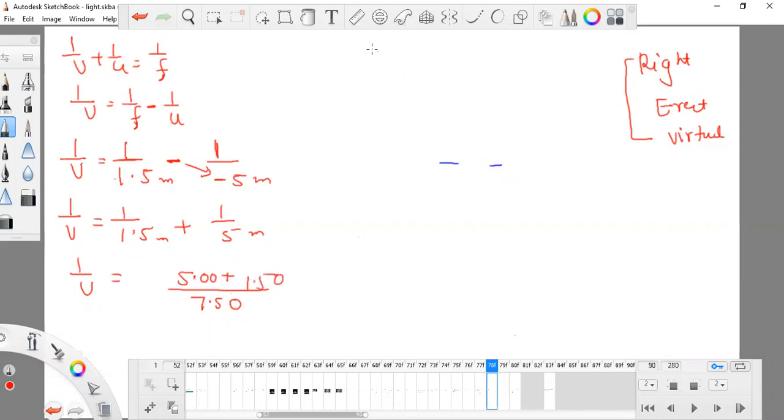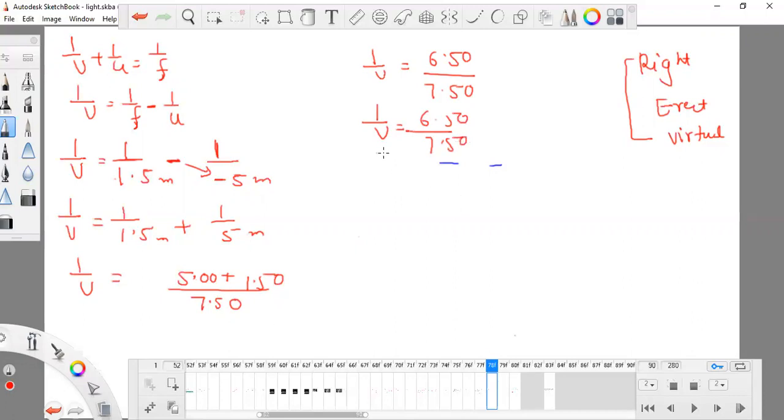Now I'm taking the rest of the question here. It will be 6.50 upon 7.50. Now 1 by V is equal to 6.50 upon 7.50.